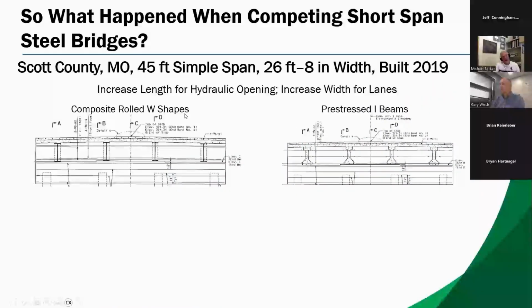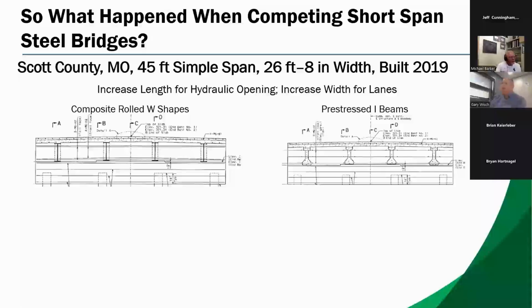So what happened? Now that MoDOT said, okay, let's not assume concrete was less expensive and let's compete steel and concrete, what happened? Well, a bridge came up pretty soon right after that in Scott County where they were replacing a bridge. Of course, they were making it a little bit longer and a little bit wider for hydraulic opening and for modern lane design.